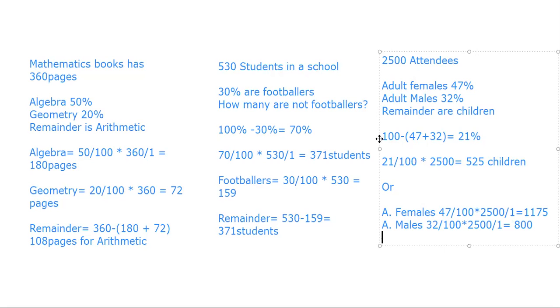And then we would have subtracted it from the total. So children would have been the total, which is 2500 minus these two added up, 1175 add 800 is equal to 1975, and 2500 minus 1975 is equal to 525.